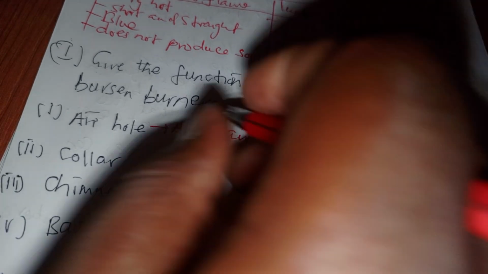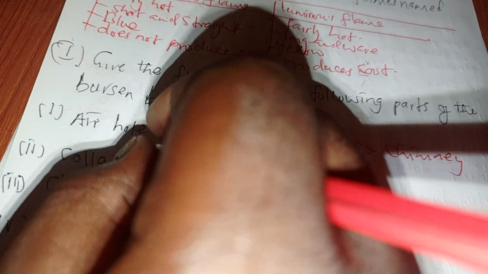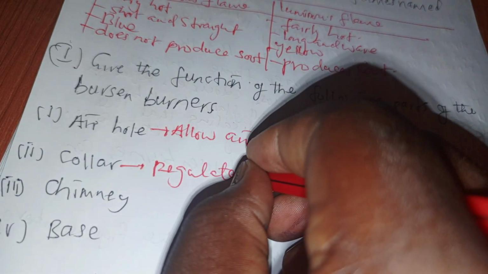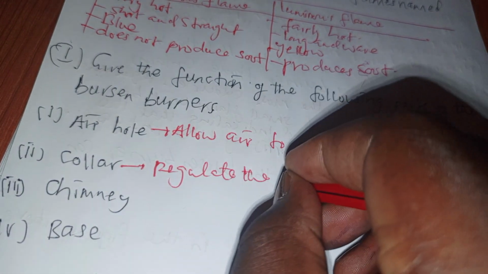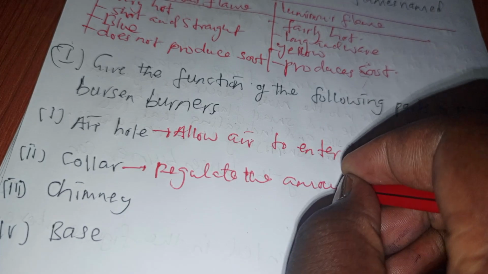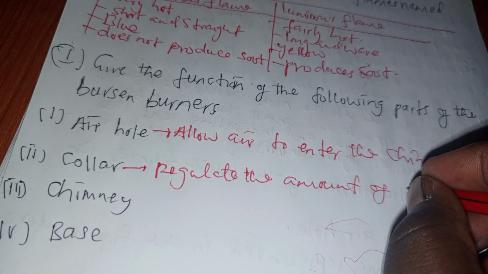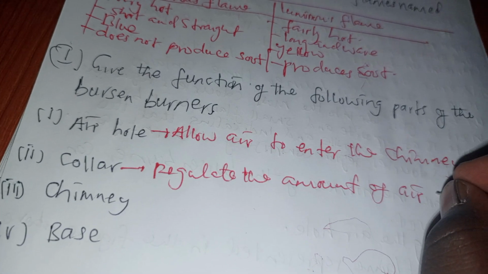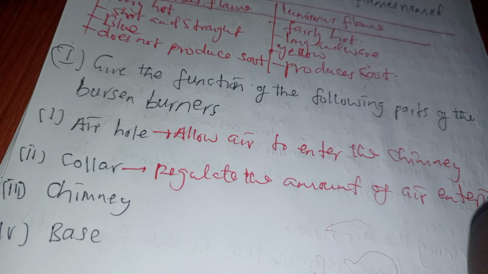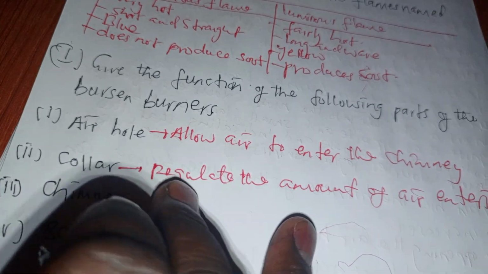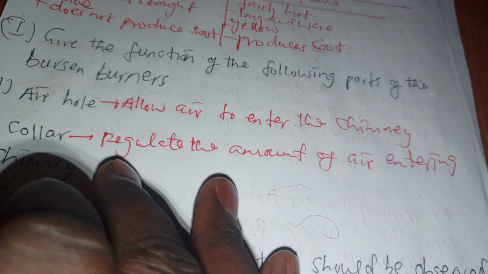Then the collar. This one regulates the amount of air entering the chimney.